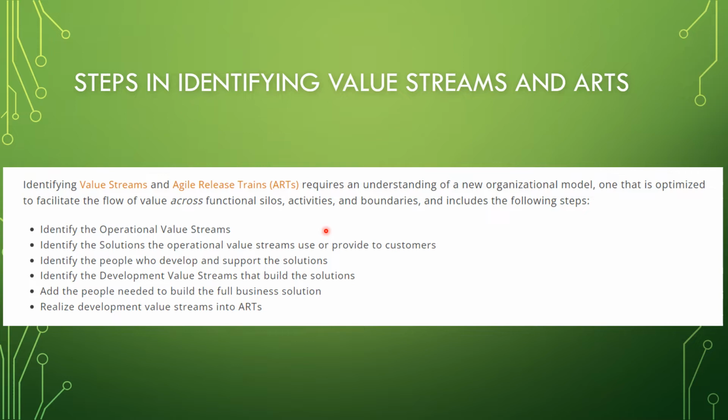Finally, realize the development value stream as ARTs. So these are the 6 steps identified in the SAFE Scaled Agile Framework.